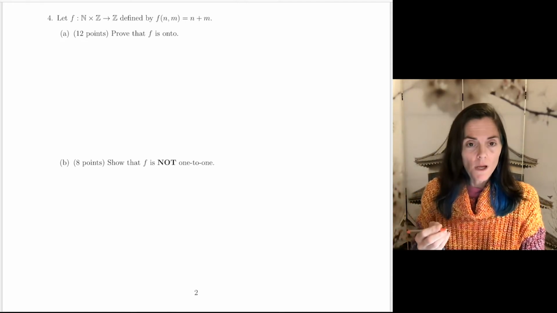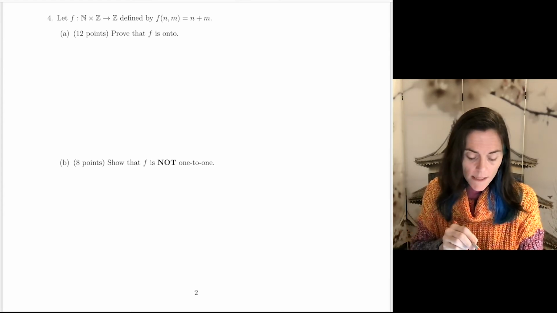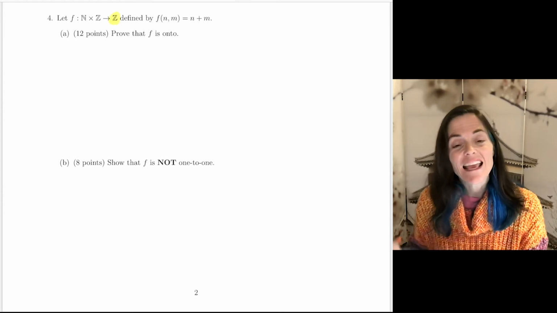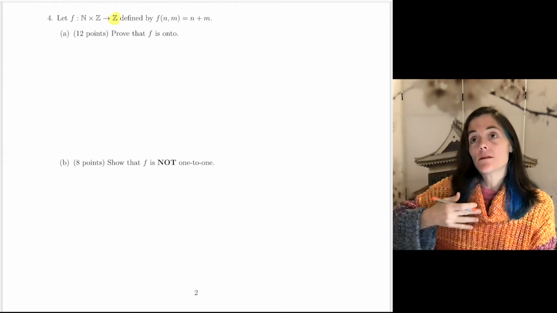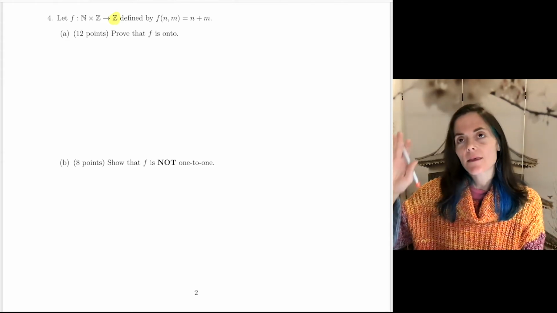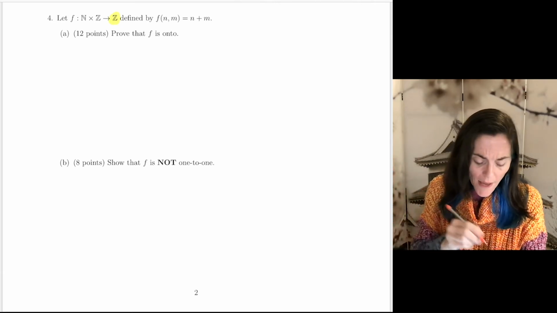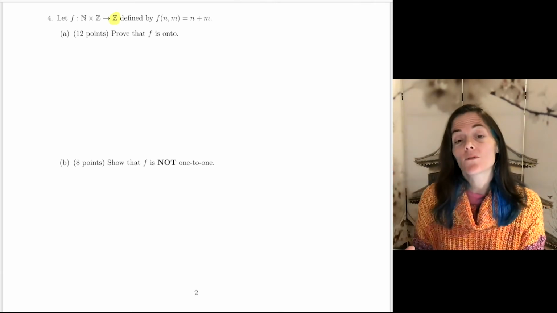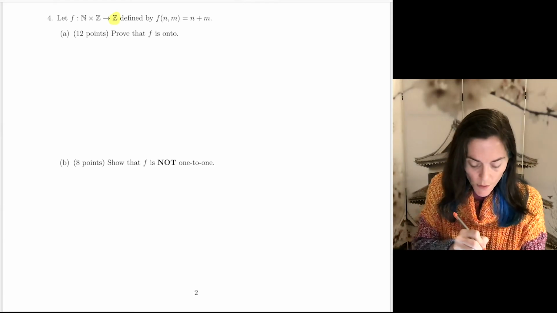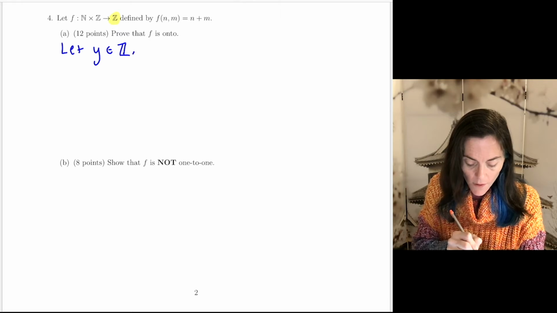So onto. Well, we start over here. What onto says is that every element over here in the codomain is f of something, or it says that the codomain and the image are equal. But the way we organize a proof about a function being onto, you let, say, y be here in the codomain.